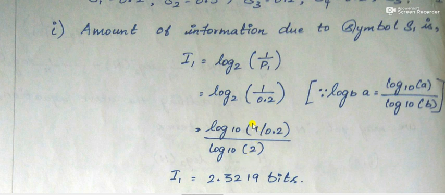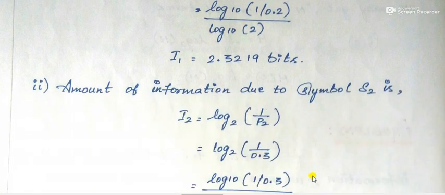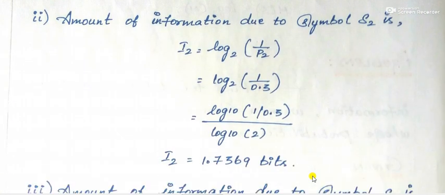First find 1 divided by 0.2, then take the log, and divide by the log of 2. In the calculator there is no need to give base 10, so directly log of 1 by 0.2 divided by log of 2, which is natural base 10 only. So the amount of information due to symbol S1 is 2.3219 bits.